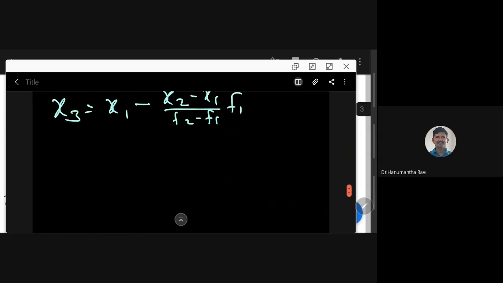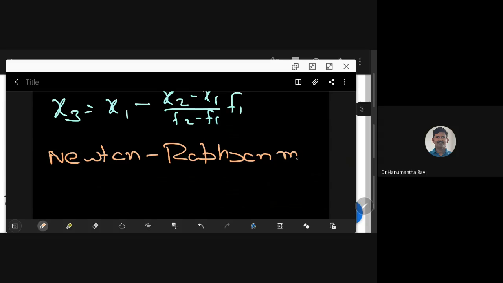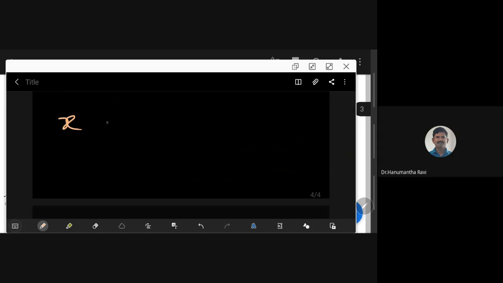The third method is known as the Newton-Raphson method. In the Newton-Raphson method, you require only one initial approximation, but the derivative idea will come. You have xn plus 1 is equal to xn minus fn by fn dash.